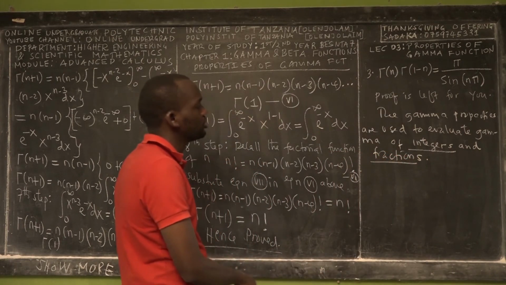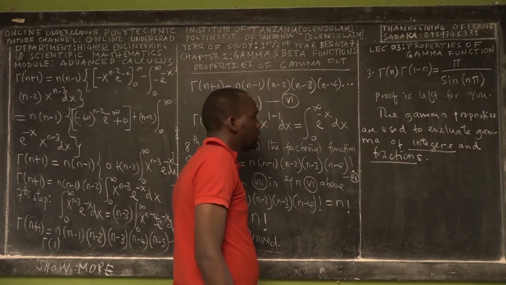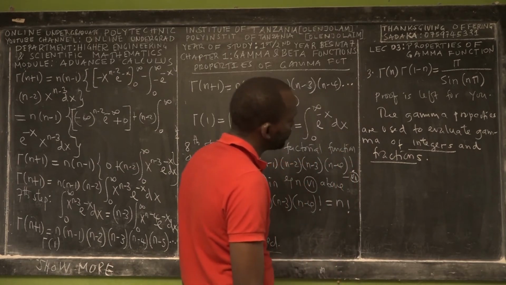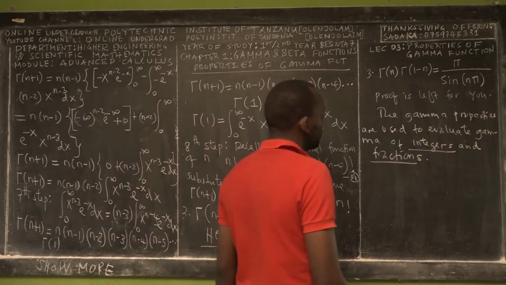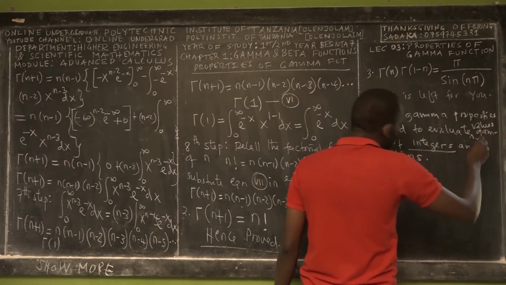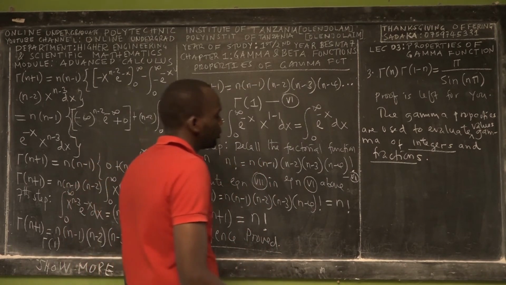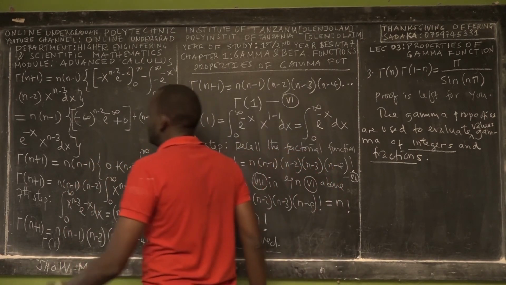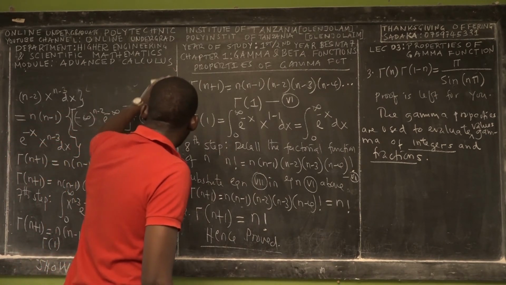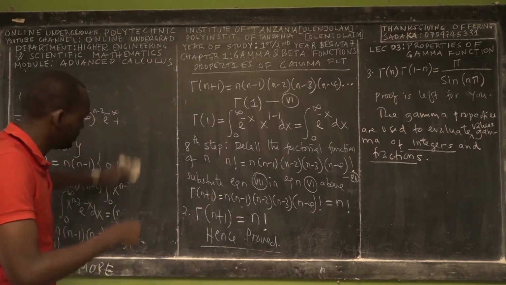So the gamma properties are used to evaluate the values of gamma of integers and fractions. Right now, let me take you into the first part of the application of gamma properties.